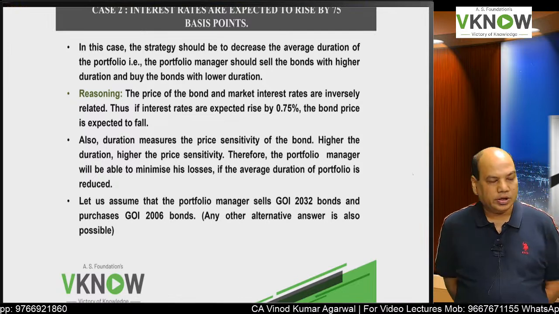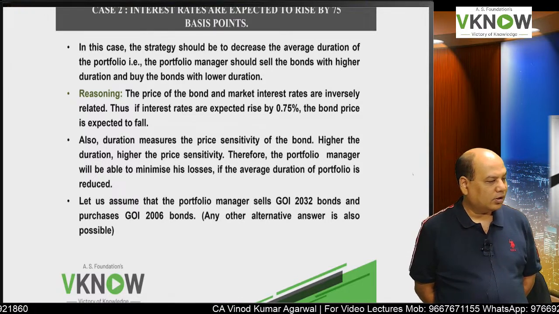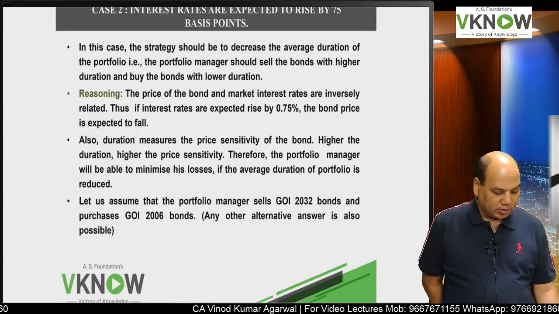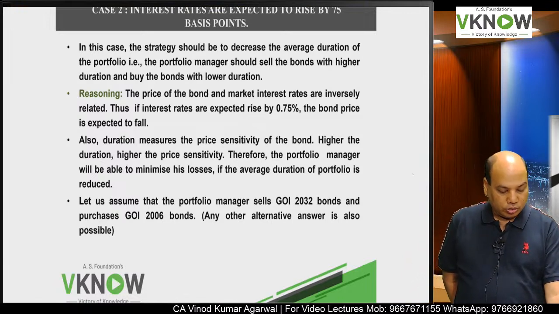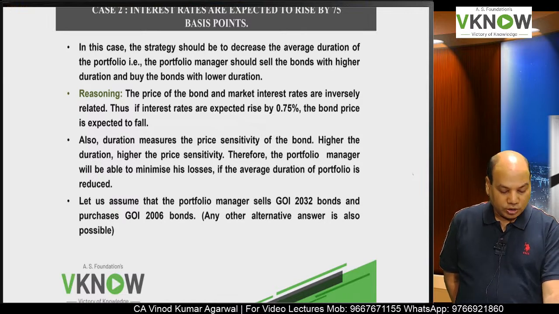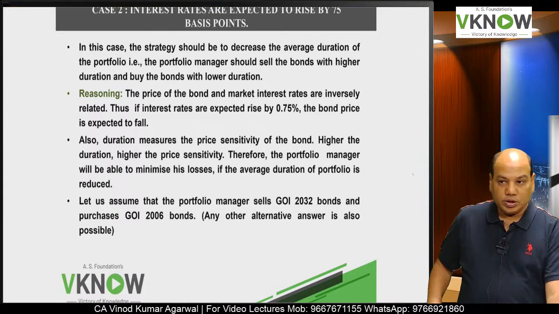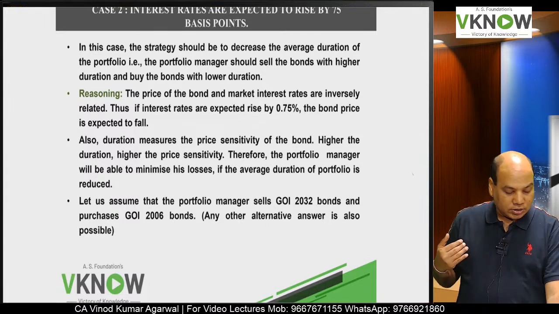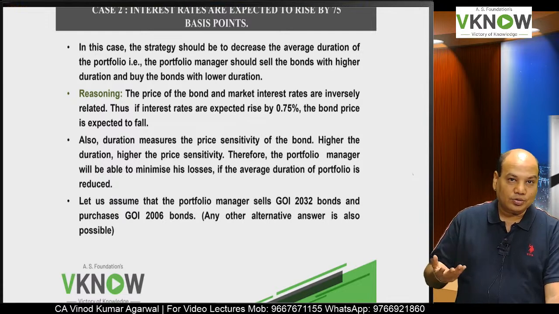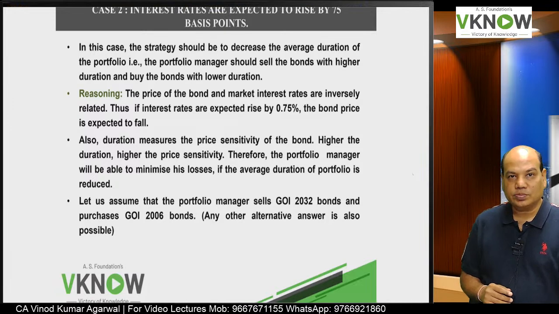Any other alternative answer is also possible. That means you can also sell 2022 bonds because that also has a very high duration. So maybe some fund manager can sell 2022 and 2032 both and put the entire money in 2006 bond.